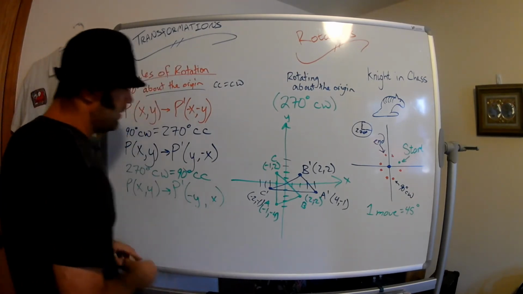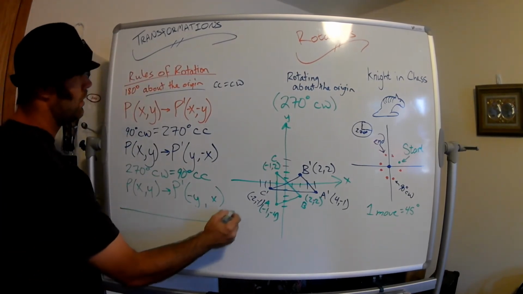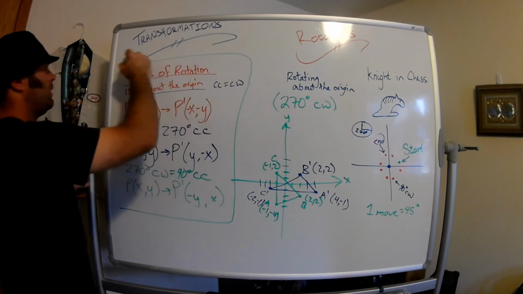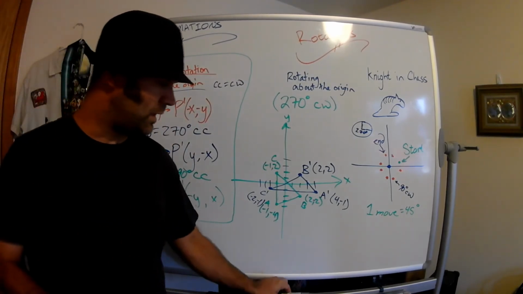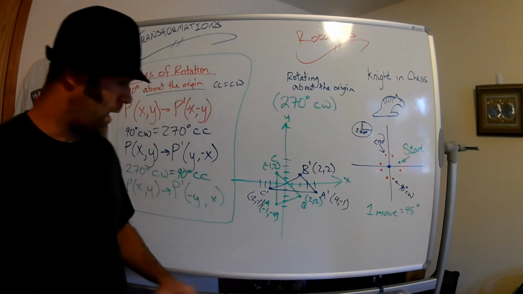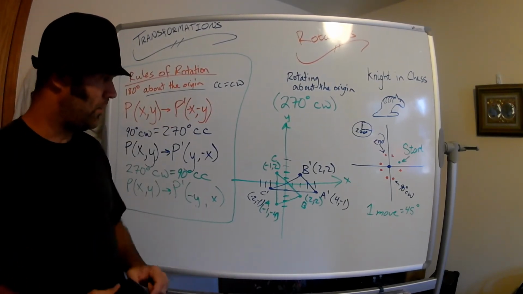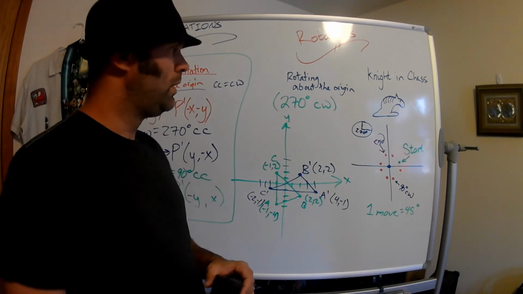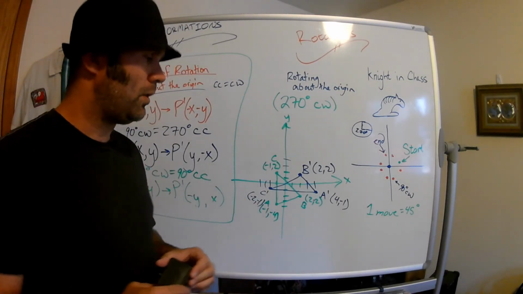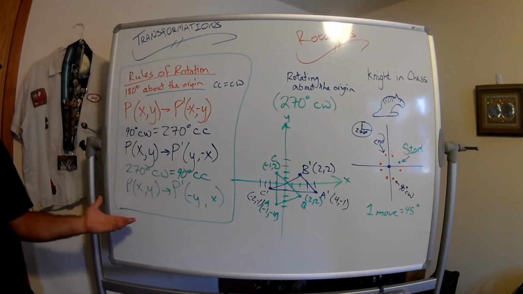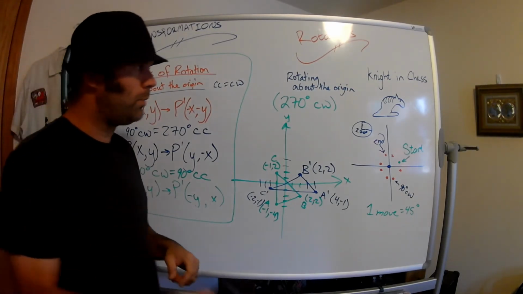Definitely want to write these rules down. And that will help you out quite a bit with the assignment, I think. And if you have it memorized, it'll help you with the tests as well. So definitely want to be familiar with the rules. Get those written down. Make sure that you understand them. They will help you out.